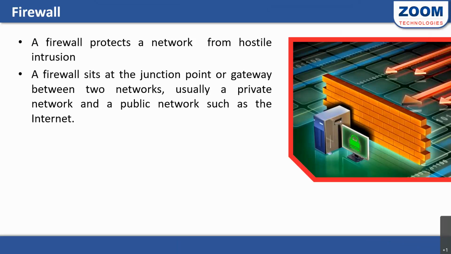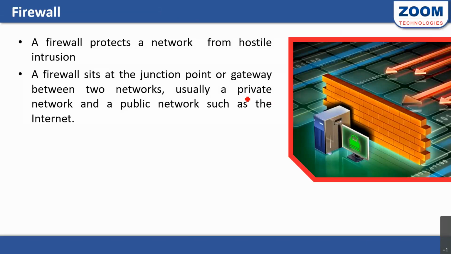As I was explaining earlier, a firewall is a security device that helps make sure our network is secure and attacks do not happen. A firewall always sits at the junction point between our private network and the public network.